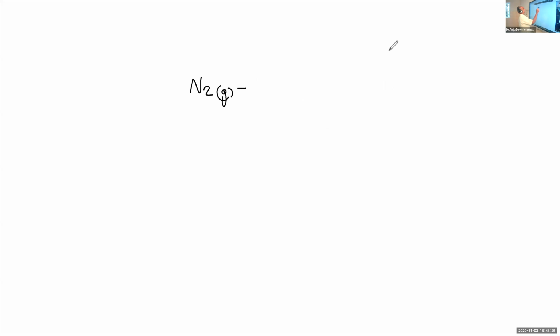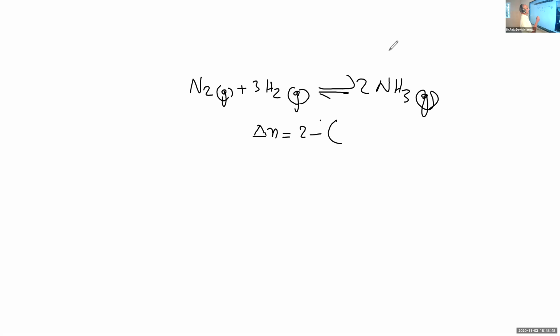Let me take another example. N2(g) plus 3H2(g) reversibly giving 2NH3(g). Delta N is equal to the number of moles of gaseous products on the right hand side, that is 2, minus the left hand side, 1 N2 plus 3 H2, so 2 minus 4.